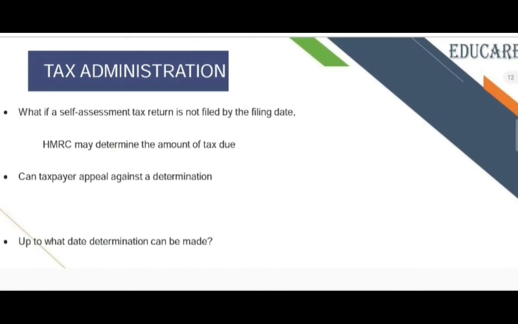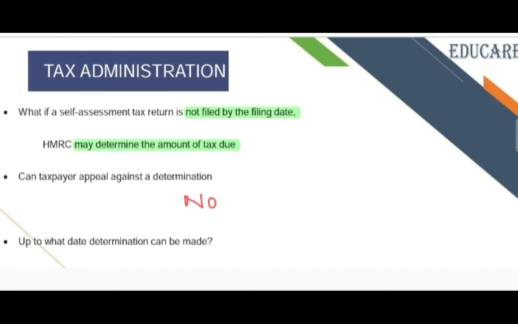What if a self-assessment tax return is not filed by the filing date? Then HMRC may determine the amount of tax due. Now, can the taxpayer appeal against such a determination? The answer is no. If the taxpayer does not submit his self-assessment tax return by the due date, then HMRC may determine the amount of tax, and no appeal can be made against that determination.